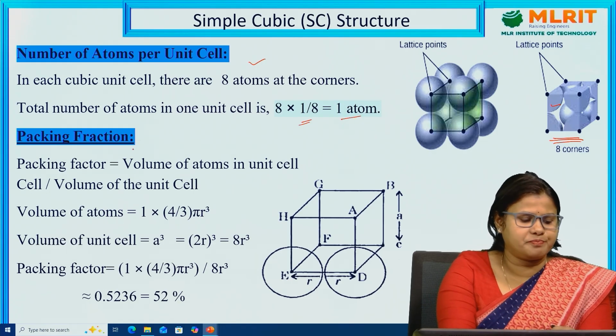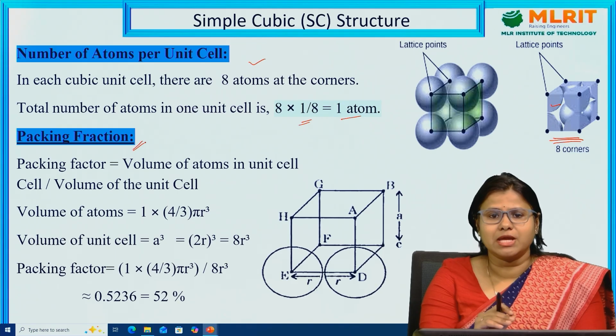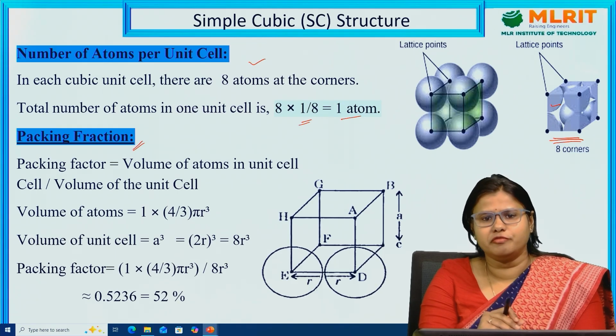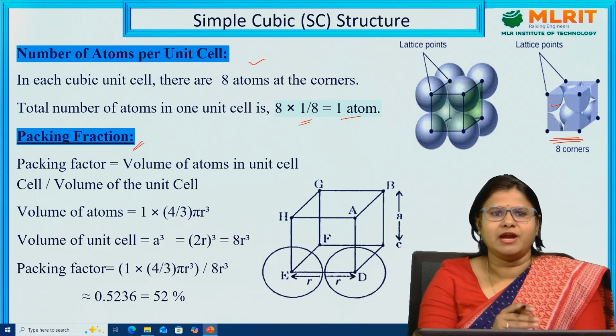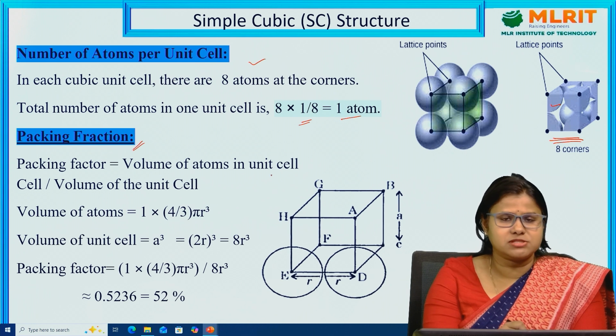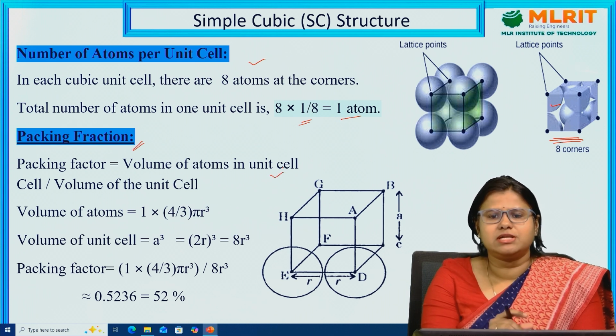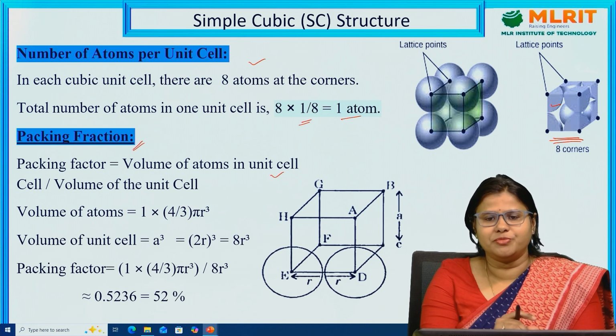Then let's find out the packing fraction for this simple cubic crystal structure. Packing fraction tells how the crystal system is packed. We find it as the volume of atoms in a unit cell divided by the total volume of the unit cell.